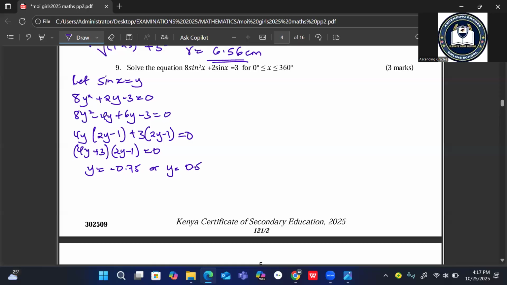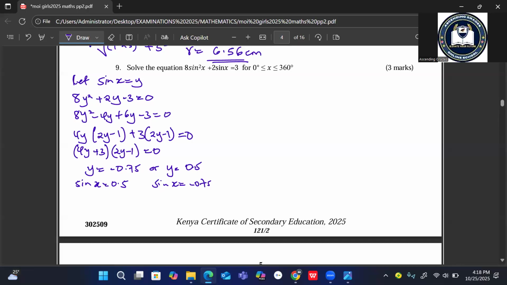Now we can look for the sin inverse, now that sin x is equal to 0.5, and also sin x is equal to negative 0.75.